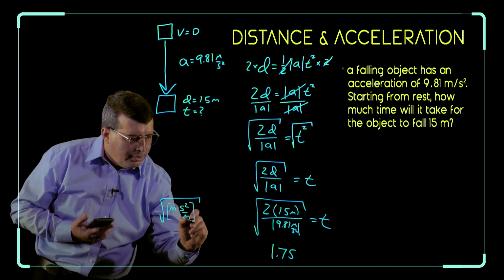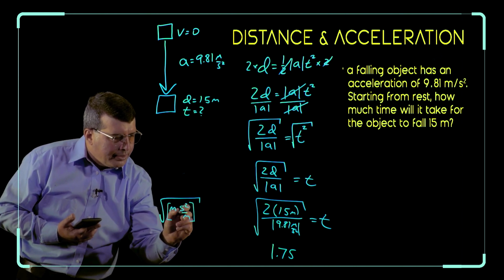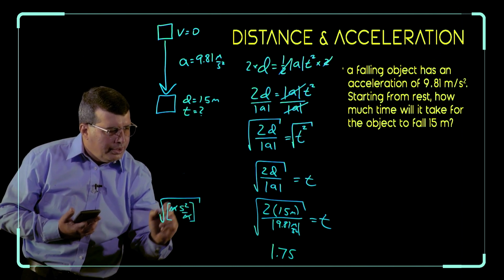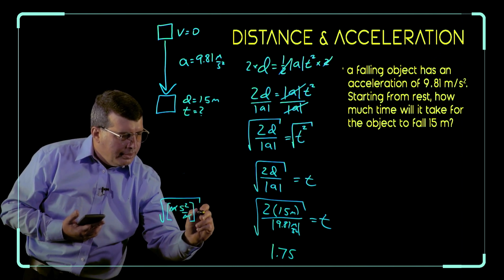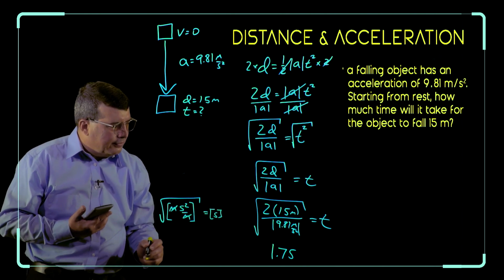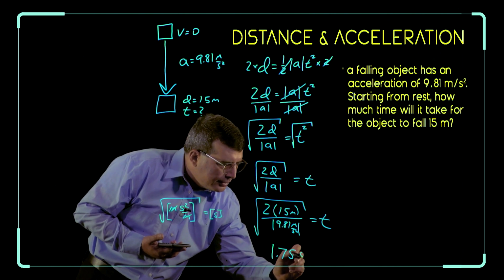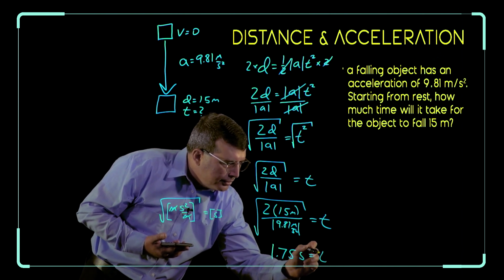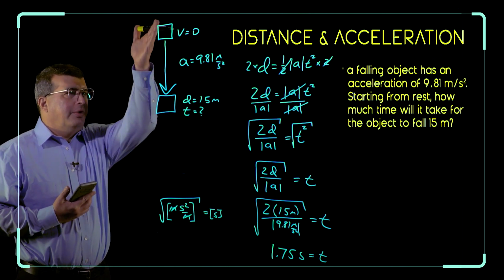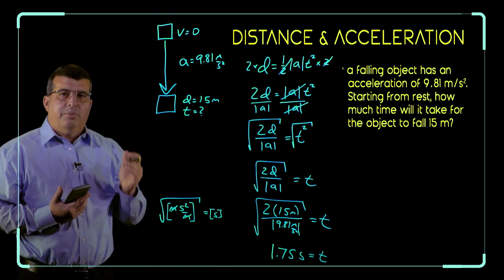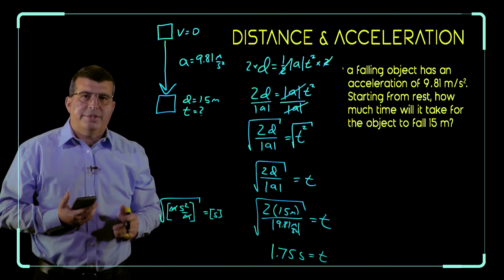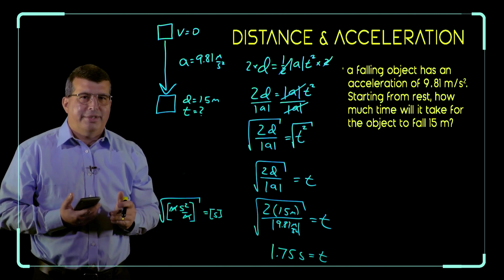My meters cancel out, and I'm left with the square root of second squared. So that is units of seconds. So 1.75 seconds equals my time. So when an object falls 15 meters, we expect that object to take 1.75 seconds to fall that distance.